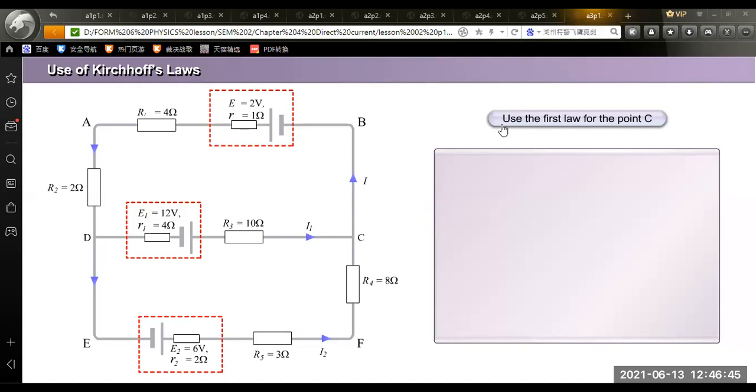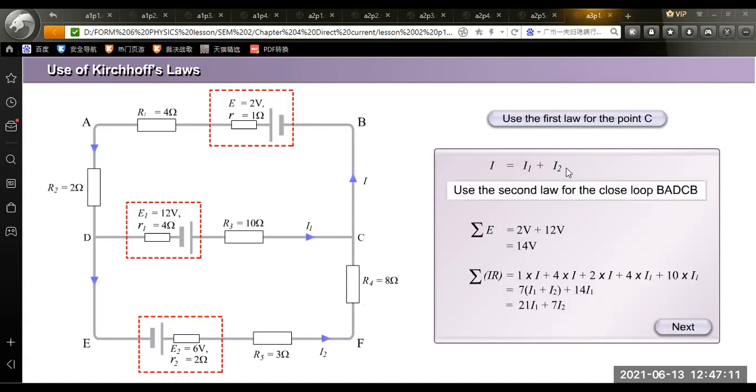Use the first law at point C. We can choose point C or point D. If we choose point C, the total current in: I1 is into the junction, and then I2. I1 plus I2 will be equal to I.